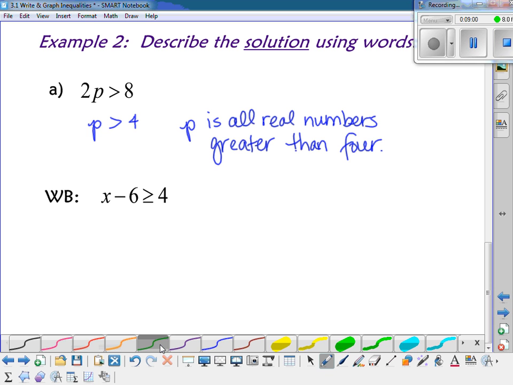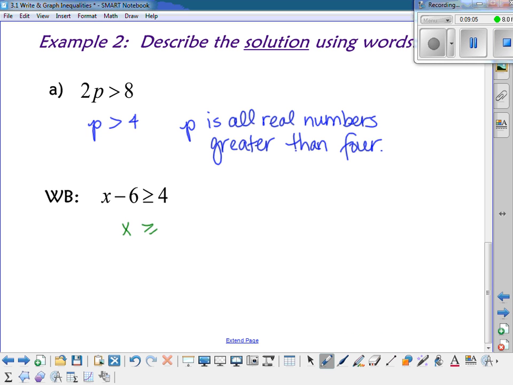Okay, so with this one, if you add 6 to both sides, you get x is greater than or equal to 10. And so you could just say that: x is all real numbers greater than or equal to 10.